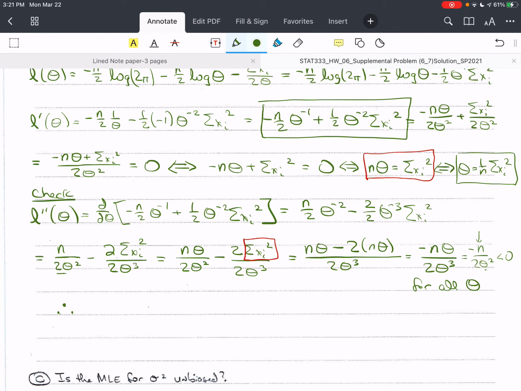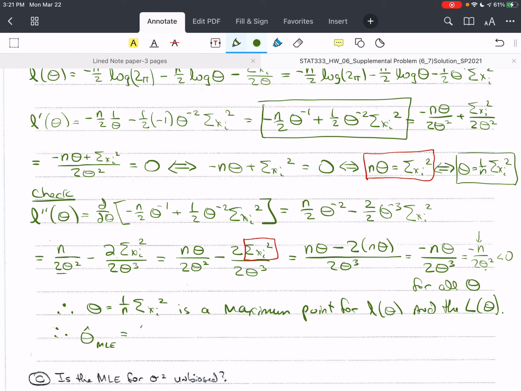therefore, θ equals 1 over sum of xi squared is a maximum point, and thus L of θ. Therefore, θ hat MLE equals 1 over n sum of xi squared is the MLE of σ squared.